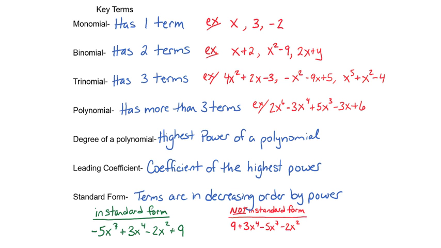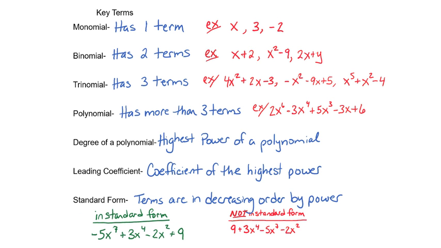Notice that here we go 7, 4, 2, and then no power. But here it goes no power, 4, then 7, then 2, and that's not in a decreasing order. But here, the 7, 4, 2 is in a decreasing order.